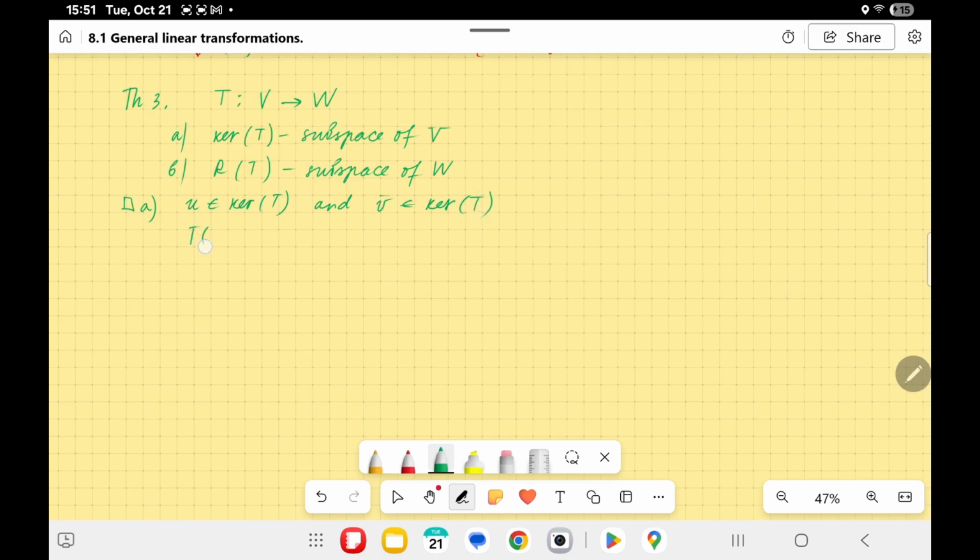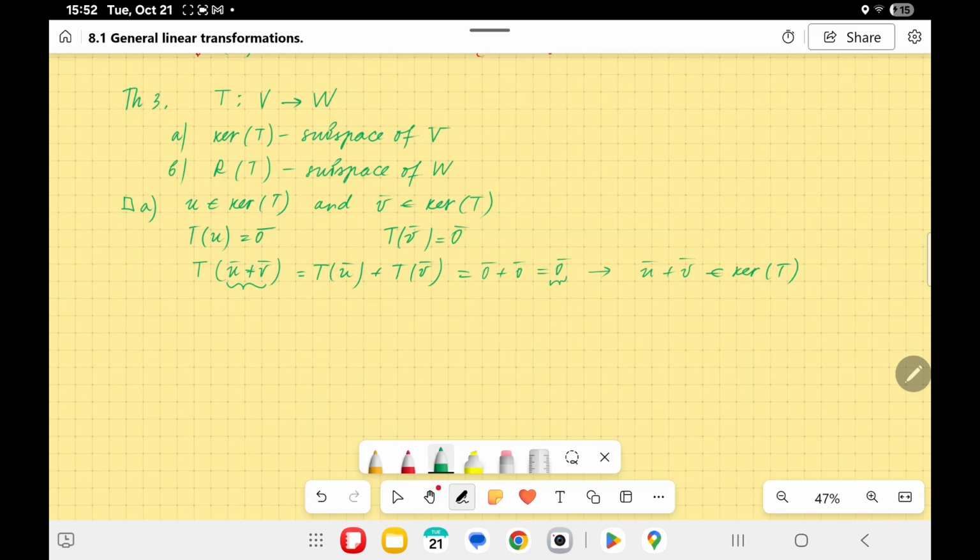It means that the transformation of u equals 0 and the transformation of v equals 0, because only vectors which transform into 0 belong to the kernel. What is going to happen to the sum u plus v? Is it still going to belong to the kernel? According to the additivity of the transformation, we can write it down as T of u plus T of v, right? And T of u equals 0, T of v equals 0, so it equals 0. So the transformation of this sum vector is also 0, so u plus v also belongs to the kernel of T.